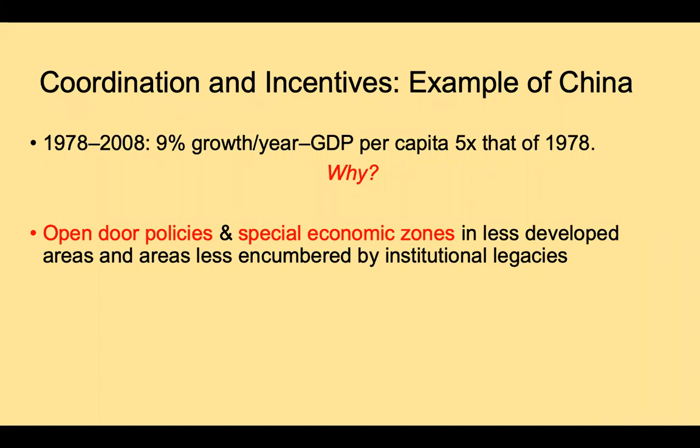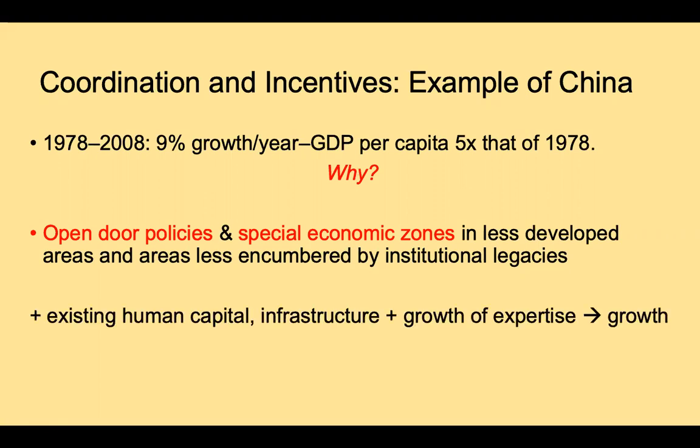Some areas, however, were more entrenched in that model than others. And so when China set out on this path of creating incentives or setting up systems to try to resolve coordination problems, it made sense to try to set up those systems in places that would be less bound or sort of less entrenched in those earlier institutions.